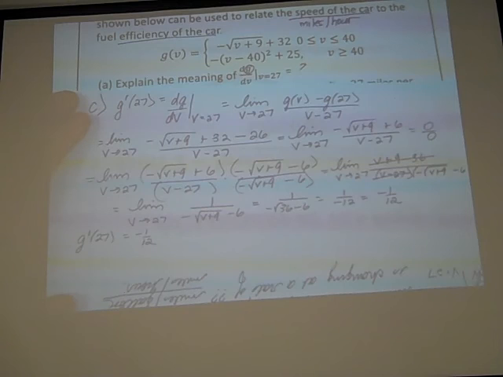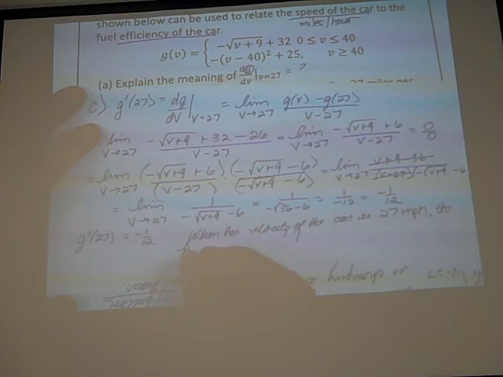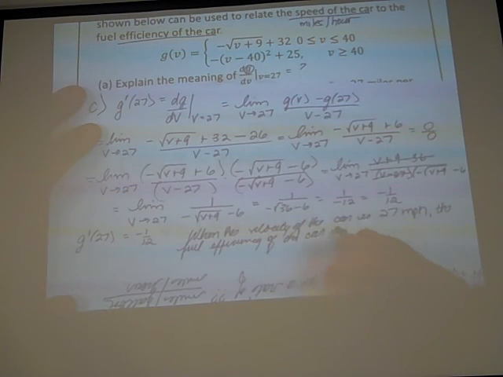Let's write that in a proper sentence. We would say, when the velocity of the car is 27 miles per hour, right? When V equals 27, the G, the fuel efficiency of the car, well, we know it's changing. How is it changing? Negative. It's decreasing by 1/12.